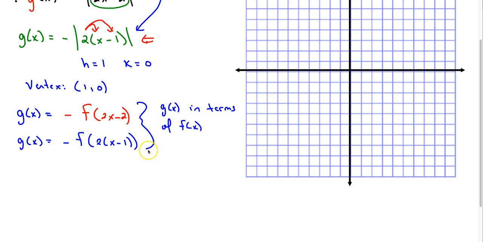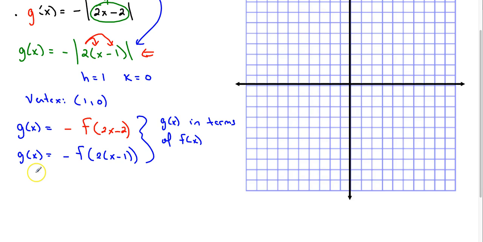Now let's get the transformations down. Give me a transformation. Give me one transformation. Yep. So the negative sign here in the front is a reflection over the x-axis. Good. That takes care of that negative sign. Yep.